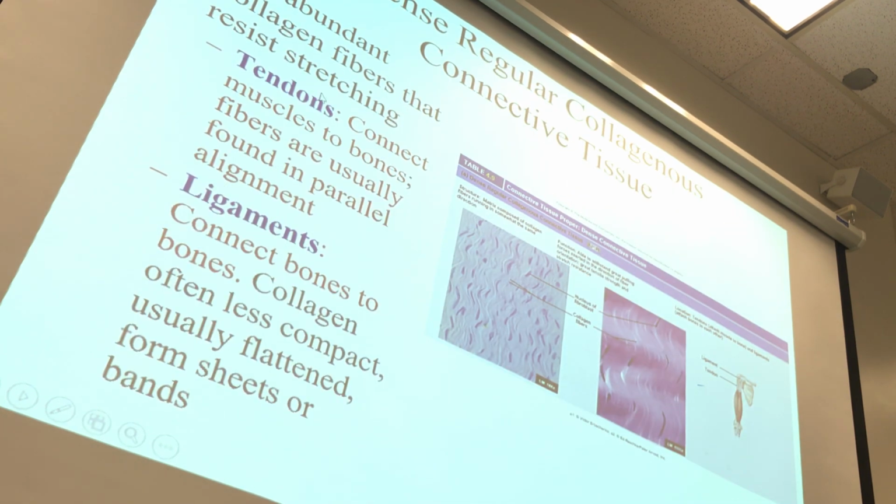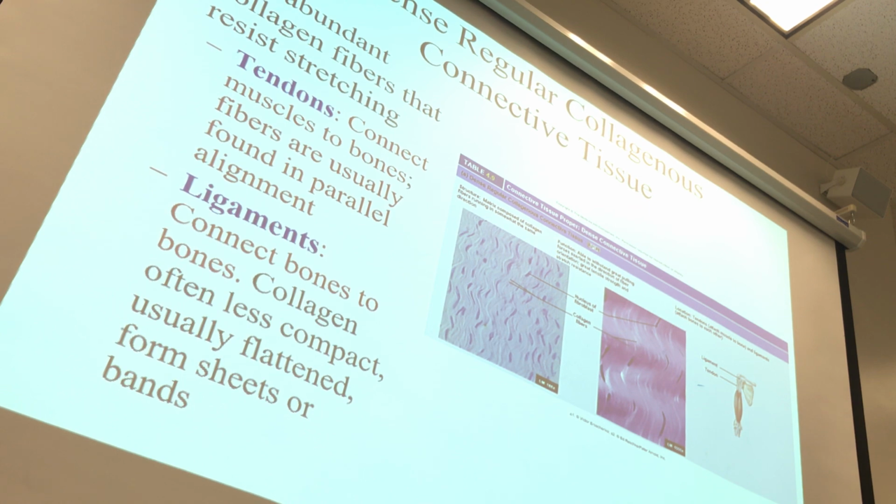Dense regular collagenous has lots of collagen fibers, all stacked together, all in the same plane or axis right here, right? It makes it really strong in that same kind of orientation. So if you think about your biceps, your bicep muscle's main purpose is just to move your forearm.